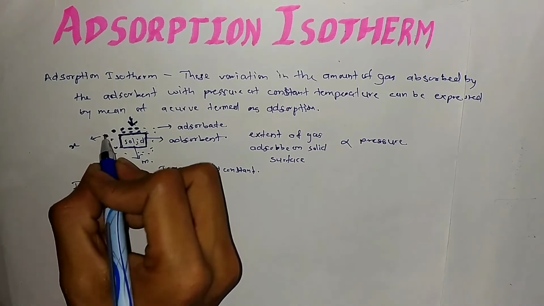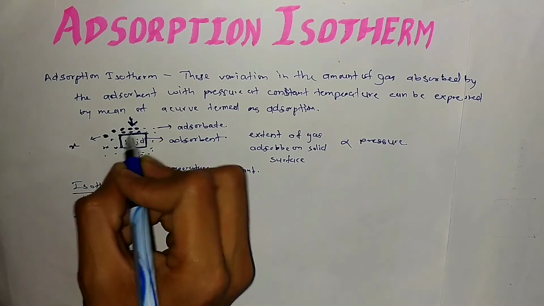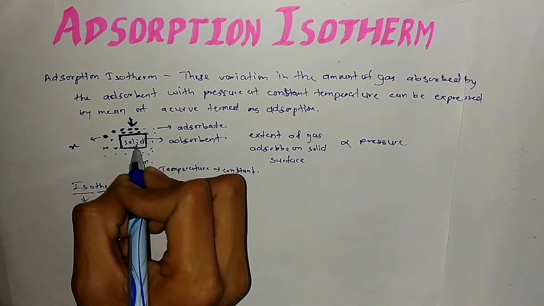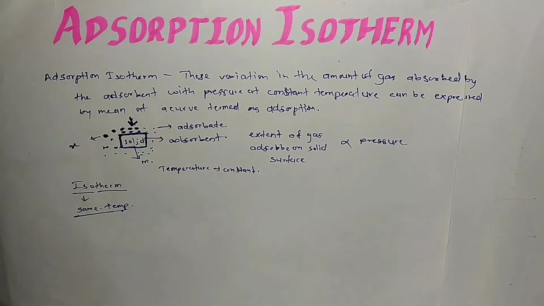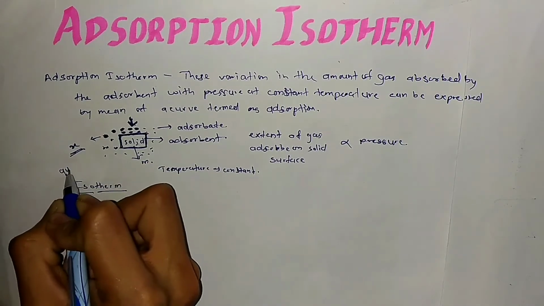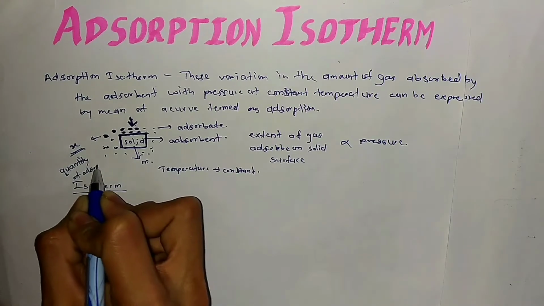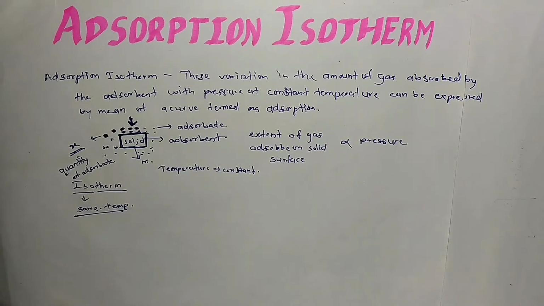X is the quantity of adsorbate, how many molecules of gas adsorbed on the surface of the solid. We will understand this isotherm better with the help of a graph.